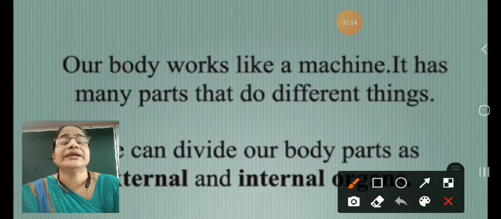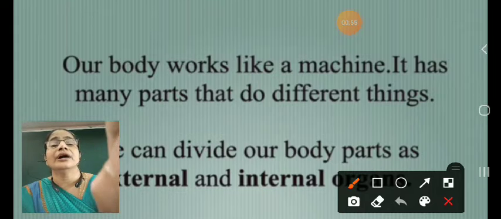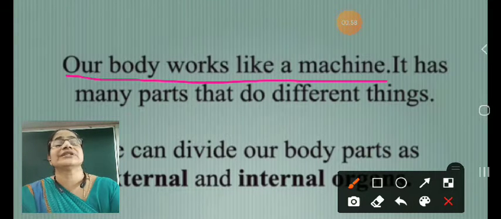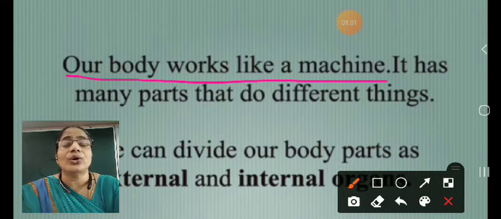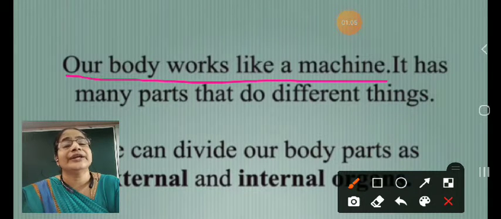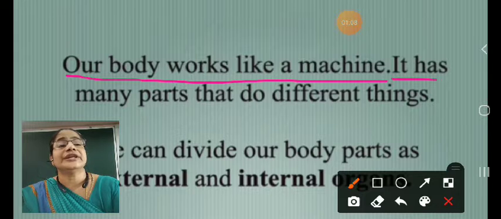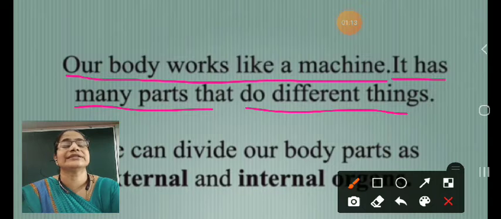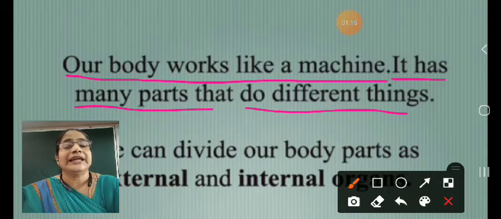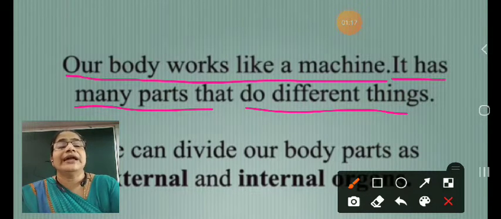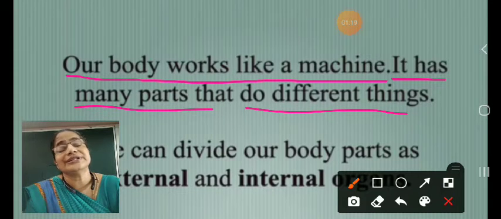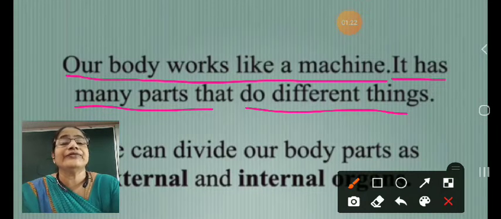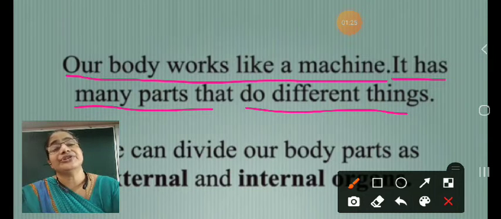Now, you can see here, our body works like a machine. All the time, the body works like a machine. It has many parts that do different things. A machine has different parts that do different things. In the same way, our body also works like a machine.